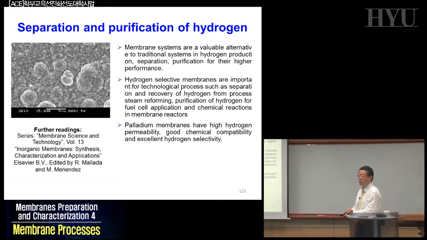But in the future, of course, we need to get the hydrogen from water, so that we can easily supply this energy from natural resources. Then I think the automobile will be fueled with water and get the electricity from the PEMFC, and you will have a large number of vehicles with this PEMFC system as well.